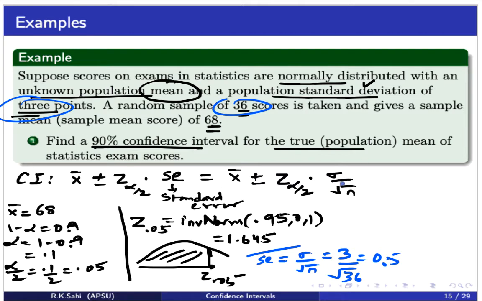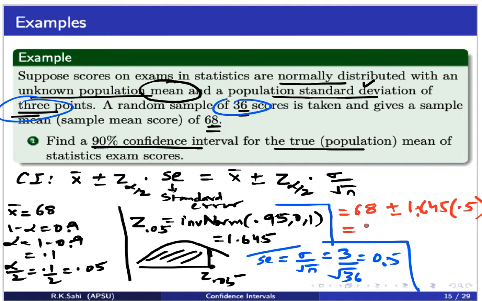So we have got all the values. Now we just plug it in this formula. X bar is 68, plus minus Z alpha by 2, 1.645, times 0.5.